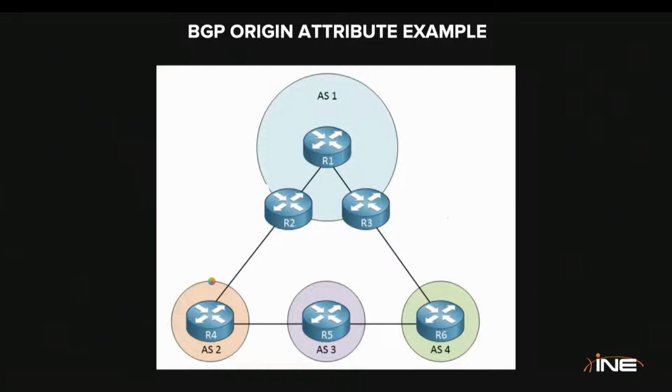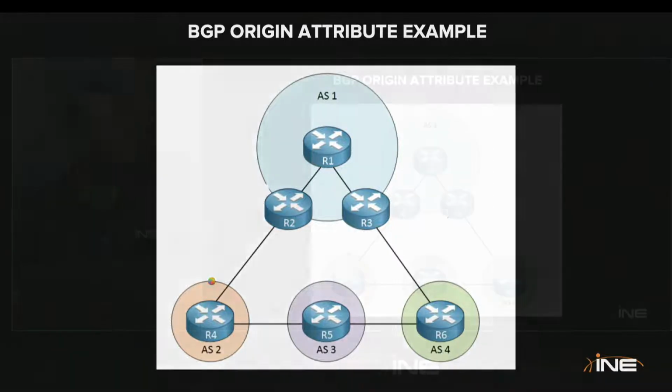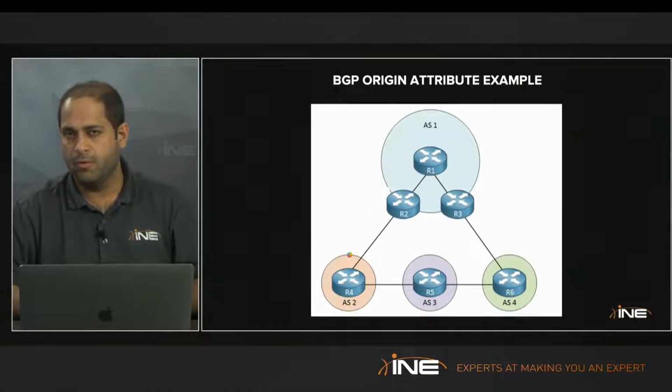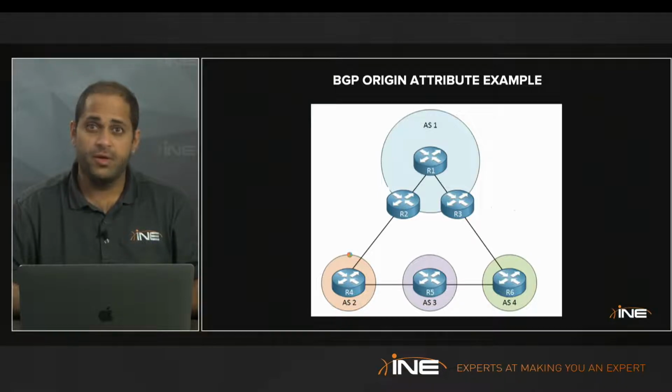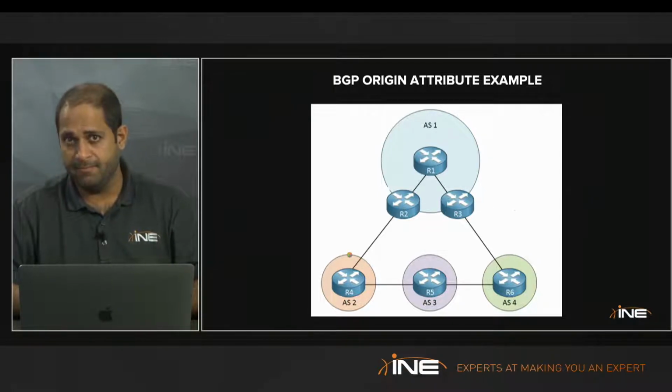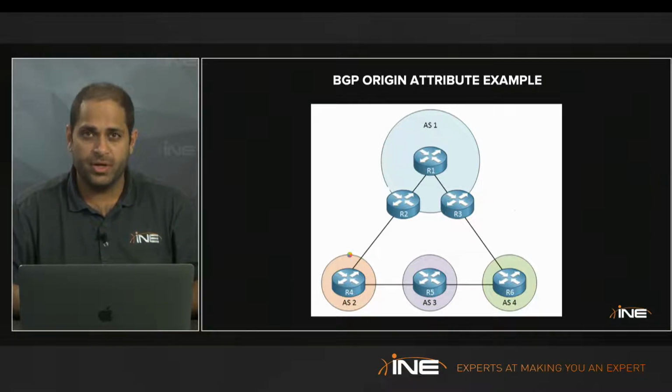So I made the traffic go in the reverse direction because of origin. Just remember that I is preferred over incomplete, but origin would only work if your previous attributes are the same. I hope this video was informative to you, and thank you for viewing.